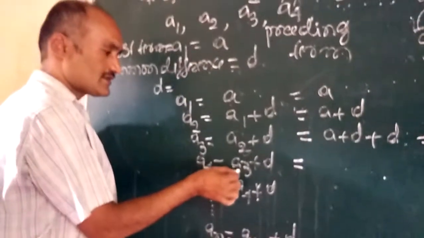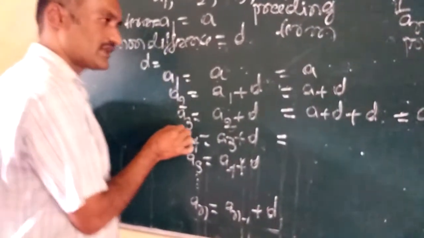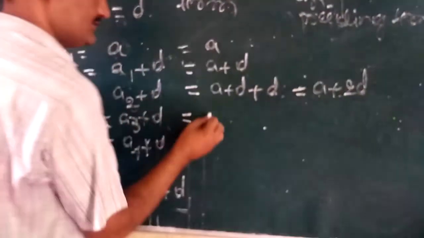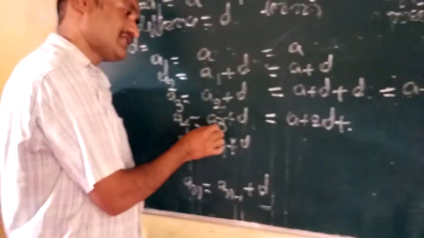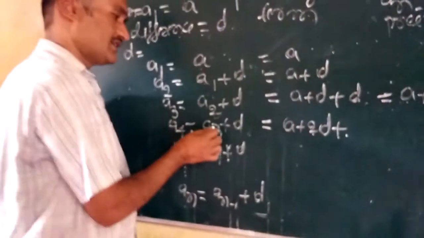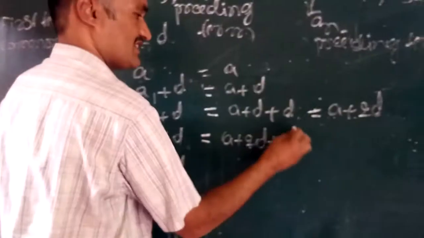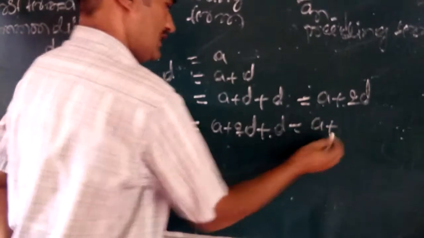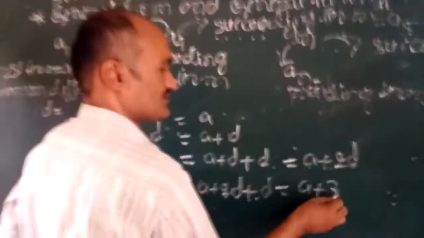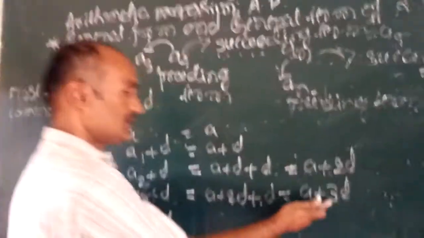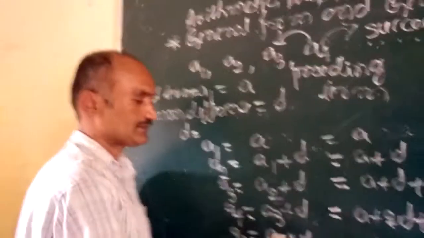So A3 is the third term. What is the third term, my dear student? A plus 2D. For this third term, A plus 2D is the third term and this D as it is. So 2D plus D is how many D's? 3D. This is the fourth term.